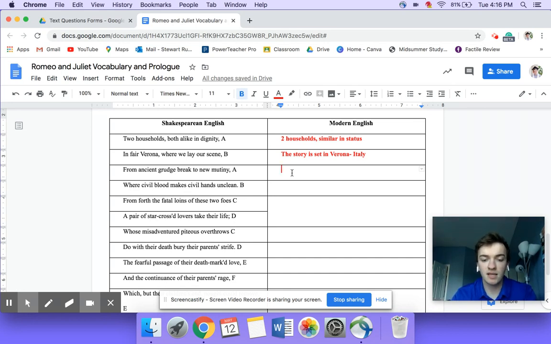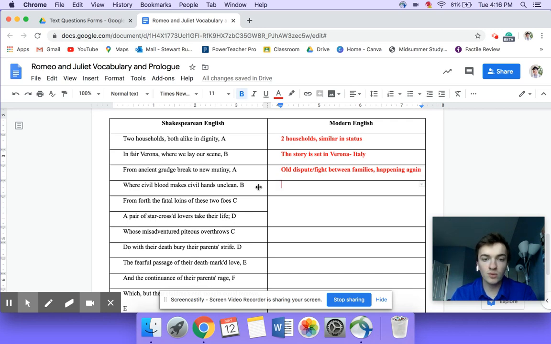Ancient grudge means that they have this really old dispute between the families, and new mutiny means that it is happening again. So we have this new mutiny, this new fight. This old family feud is now causing a new fight in new generations.